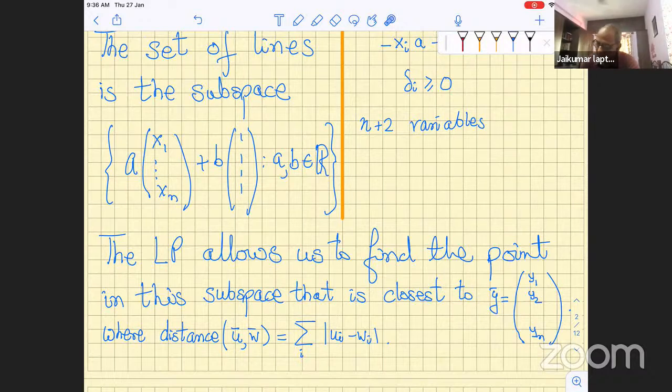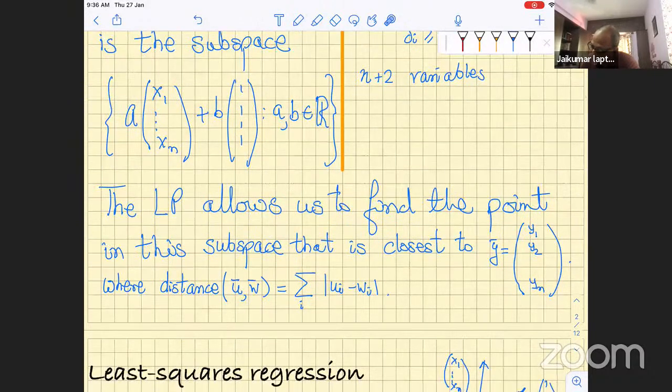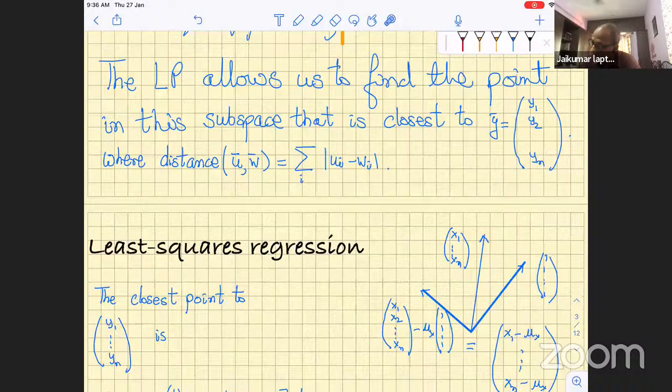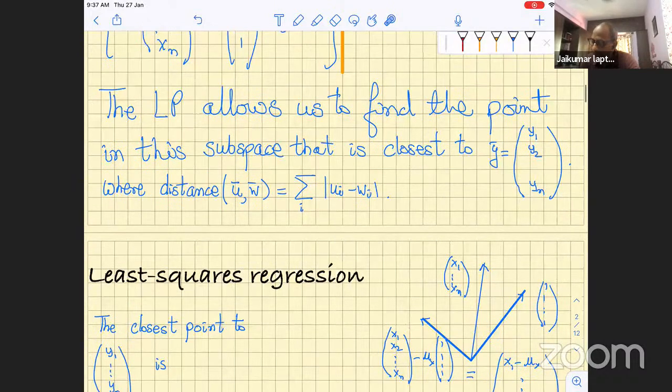Notice that x1 to xn have all got compiled into this basis vector, one of the vectors that generates the vector space. Okay, and we are trying to find the point in the subspace which minimizes the distance to this, and distance in our case is the L1 distance between two vectors. So the distance between two vectors is the sum of the absolute values of the differences coordinate-wise. Okay, good. And LP allows you to do that.